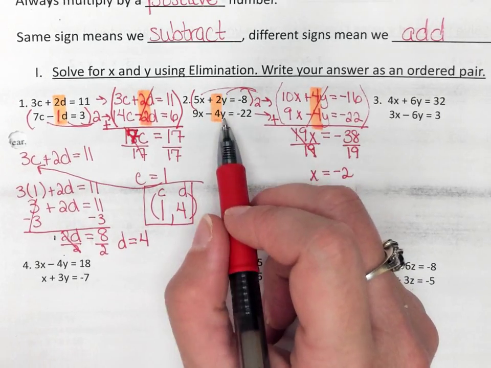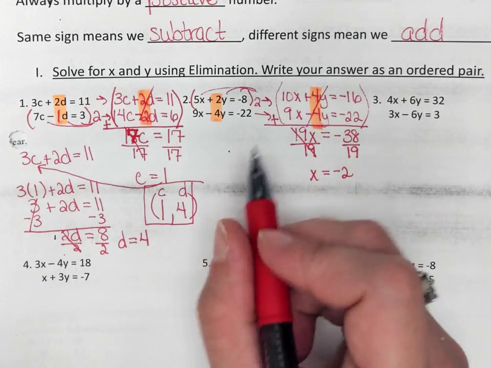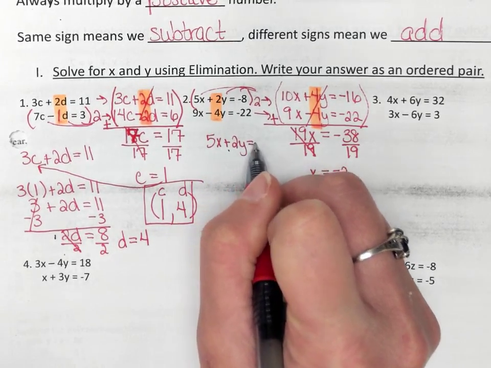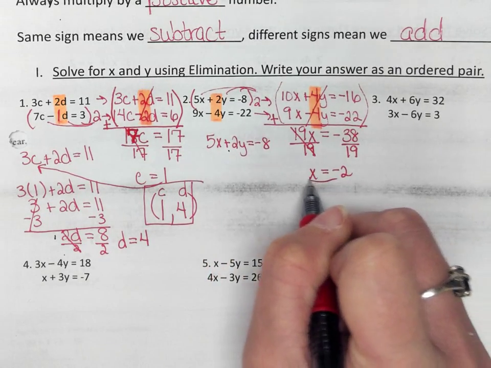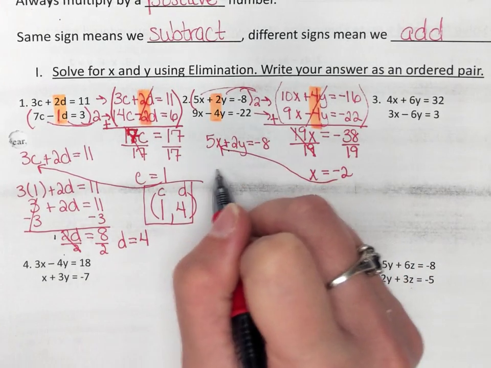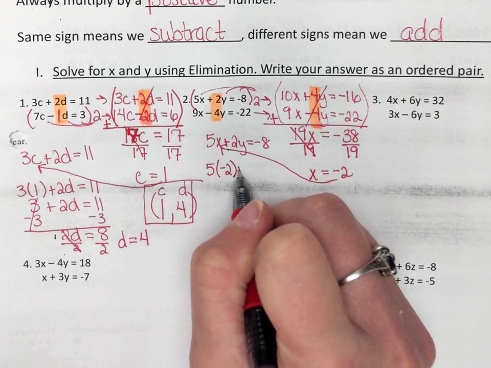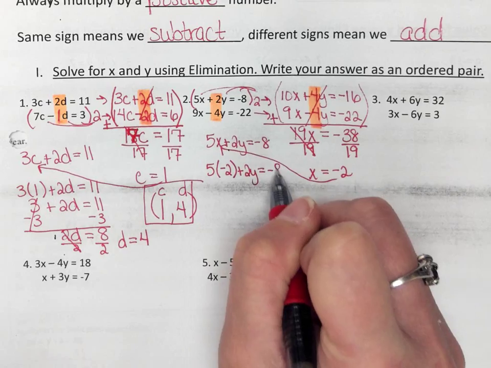Alright, you're going to pick one, top or bottom. I'm going to pick the top. So this x is going to go right here. So 5 times x is going to become 5 times negative 2 plus 2y equals negative 8.